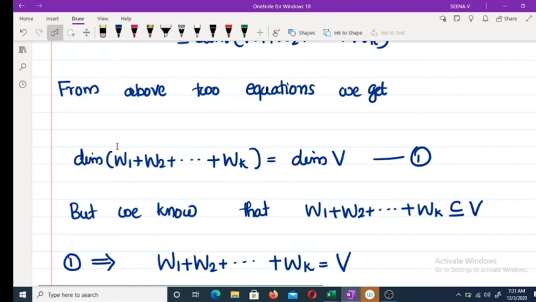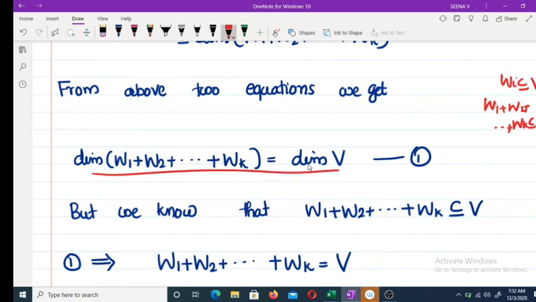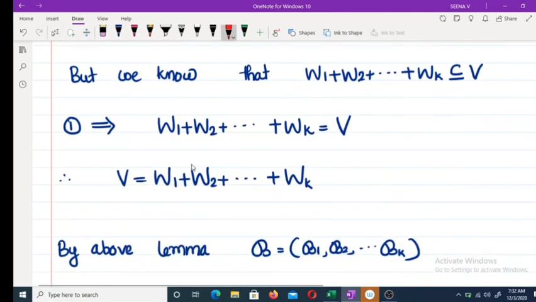Now we know that the Wi's are subsets of V. The Wi's are the characteristic spaces associated with the characteristic value Ci. Clearly Wi is a subset of V, and W1 plus W2 plus etc. plus Wk is also a subset of V. But here we get that the dimensions are equal, therefore both spaces are equal. Therefore V is equal to W1 plus W2 plus etc. plus Wk.